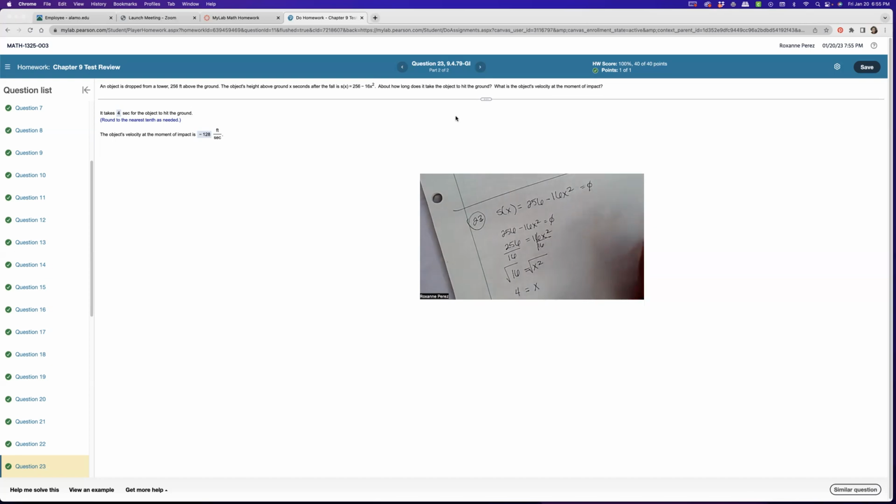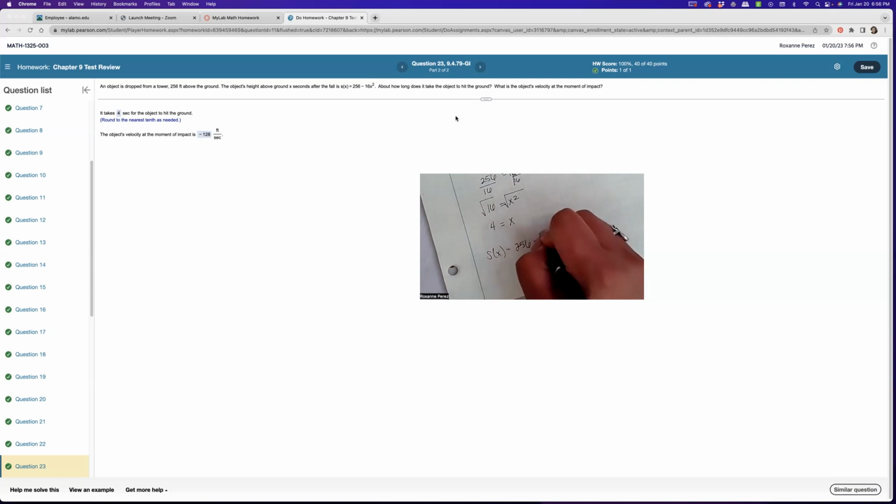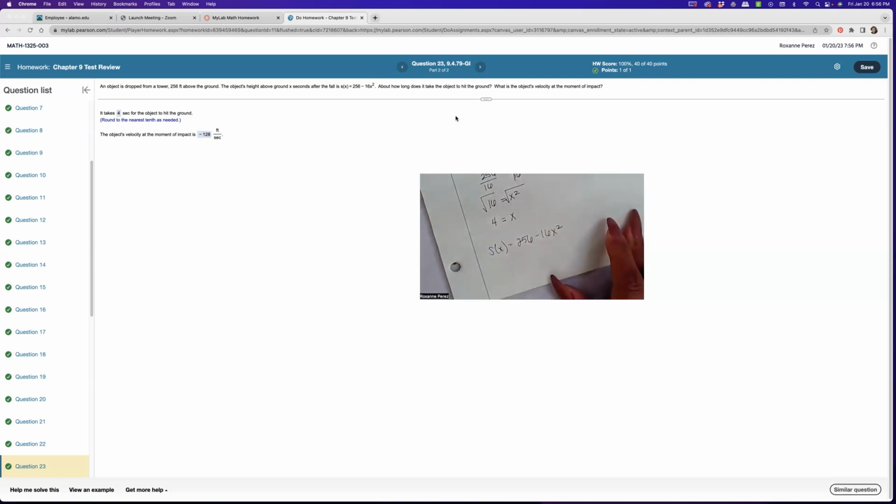Okay, so now part B, we want to determine the object's velocity at the moment of impact. So we are going to find the first derivative of our original function. So s of x equals 256 minus 16x squared. Again, constants, those essentially are eliminated in the first derivative.